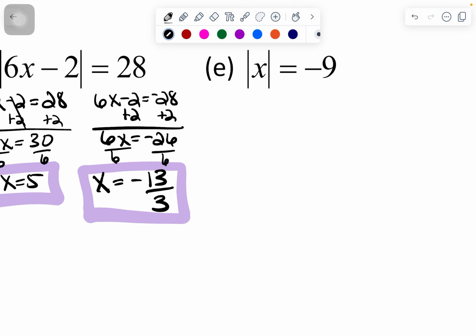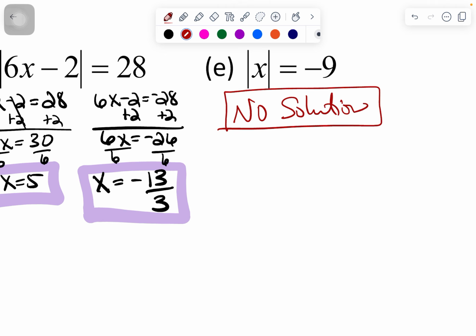I don't even know what I just asked you to do. So when you have a situation where the absolute value is by itself and it is equal to a negative, you are going to tell me that this is no solution. There is nothing that makes that true. Absolute value by definition is a distance, and distances cannot be negative.